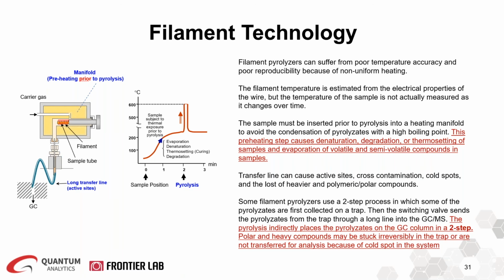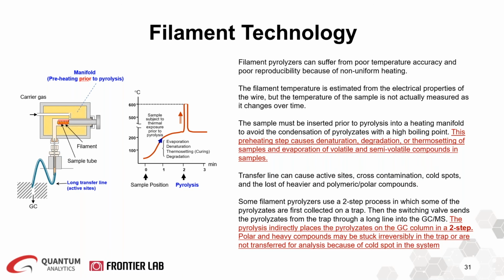The sample must be inserted prior to pyrolysis into a heated manifold to avoid condensation of the pyrolysates. This preheating step causes degradation or thermosetting of samples and evaporation of volatiles and semi-volatile compounds in the samples before the analysis. Some filament pyrolyzers perform a two-step analysis, in which some of the pyrolysates are first collected on a trap.